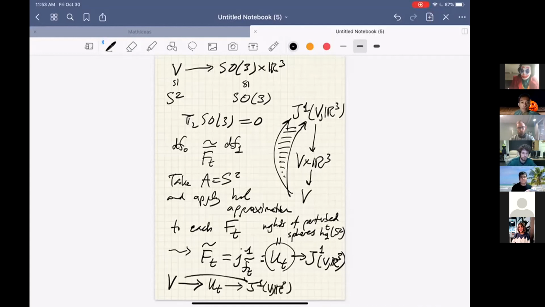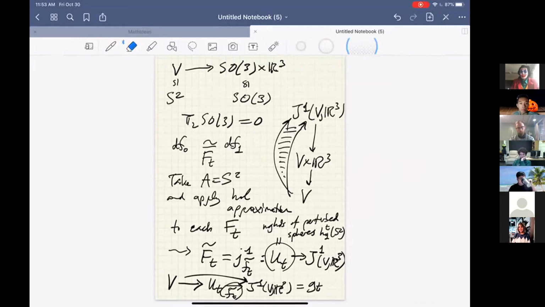So then this composition, so this is my F_t tilde, this composition is going to be my G_t. And for epsilon very small, each of these F_t tildes are going to be immersions also, because being an immersion is an open condition.